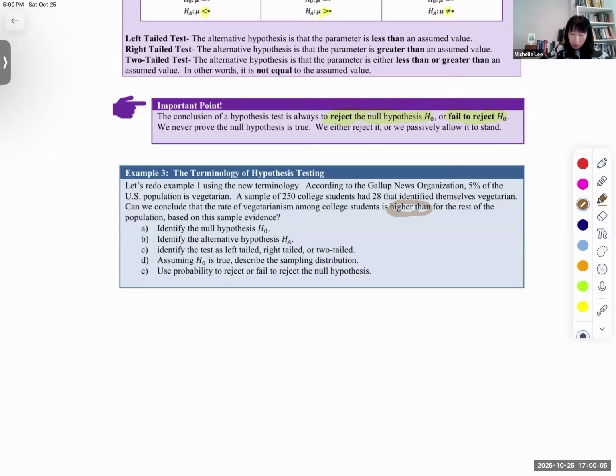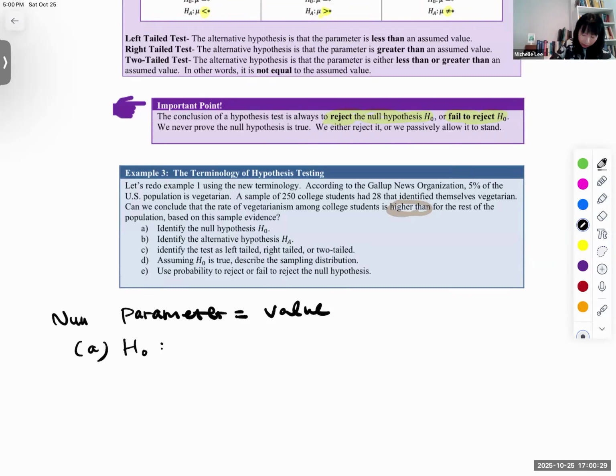Okay, let's answer the first question: identify the null hypothesis. We always use a parameter equal to a value for the null hypothesis. So what is the parameter in this case?